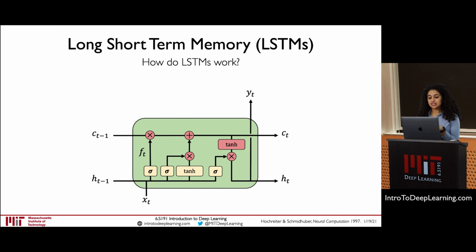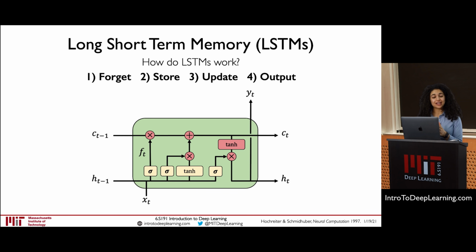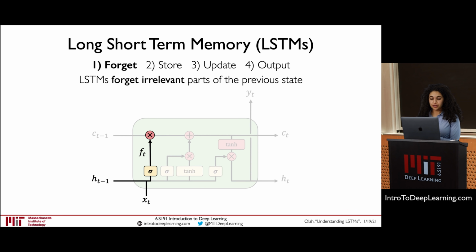LSTMs use this type of operation to process information by first forgetting irrelevant history, secondly by storing the most relevant new information, thirdly by updating their internal cell state, and then generating an output.